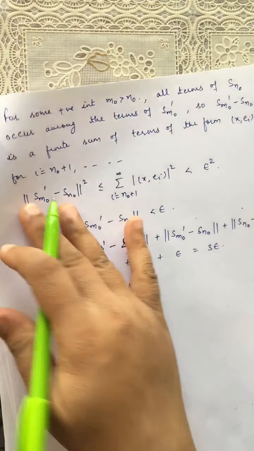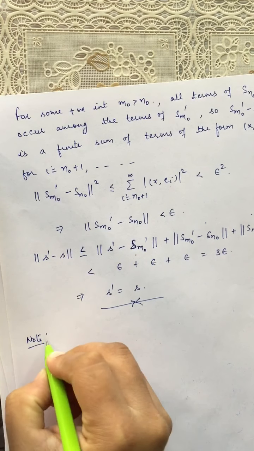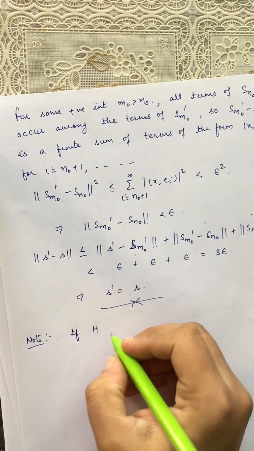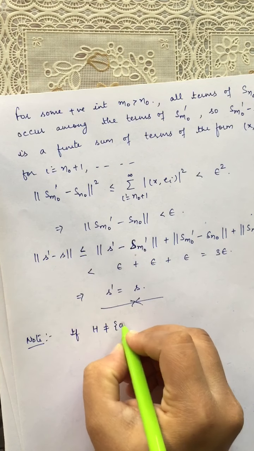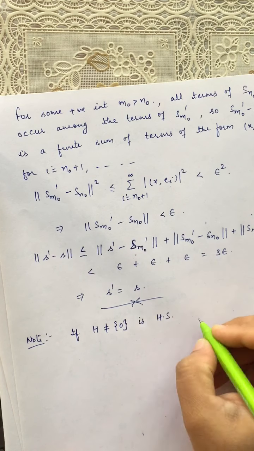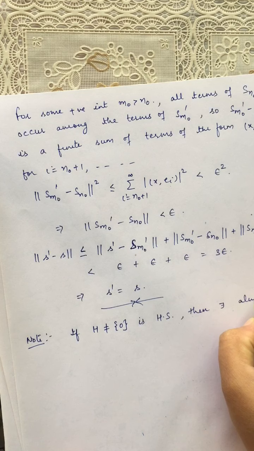So firstly, if we take H to be a non-zero Hilbert space, then there always exists an orthonormal set.